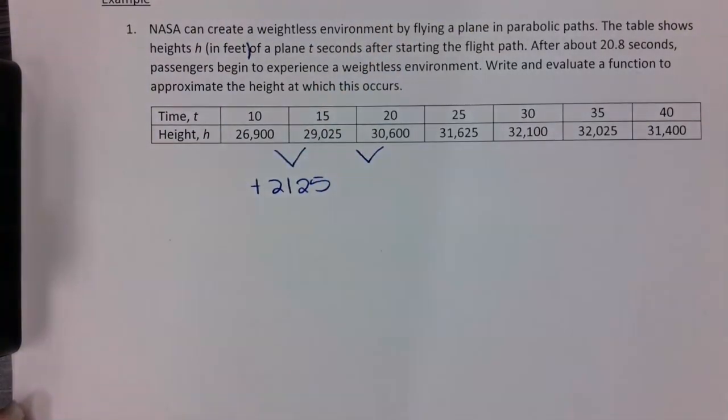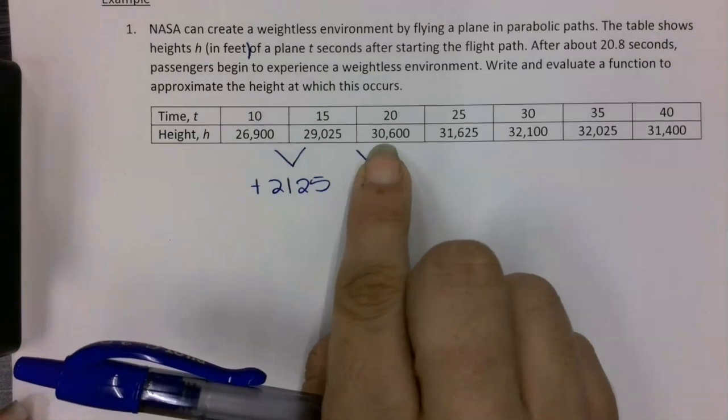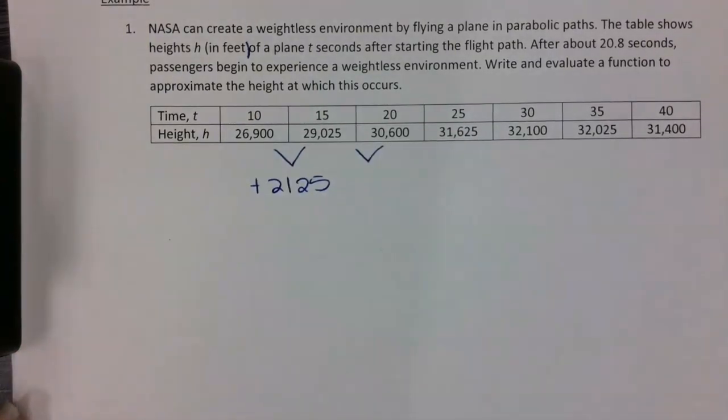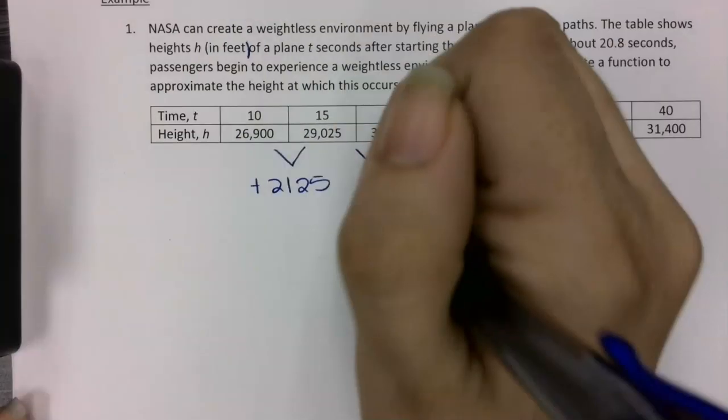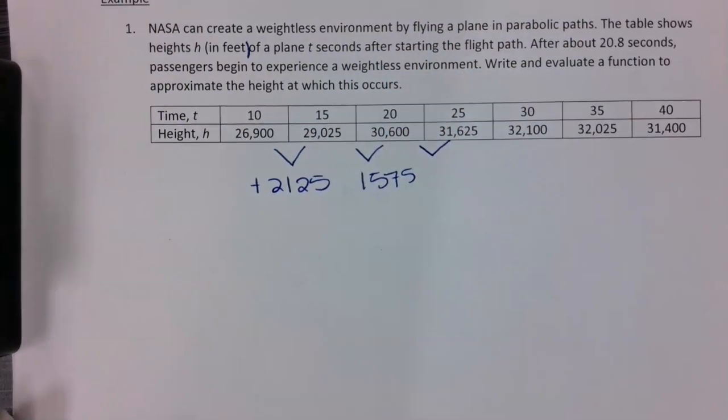How do I go from 29,025 to 30,600? How do I go from this number to that number? Adding how much? 1,575. Okay? How do I go from 30,600 to 31,625?